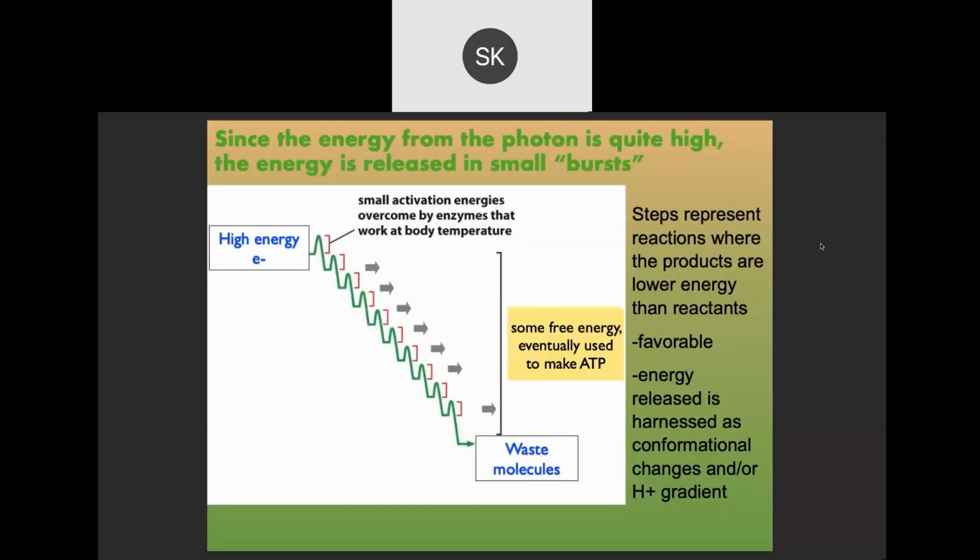So this image is an illustration, or an abstraction, of that concept, where we see many small steps down between the high energy electron at the top left and the waste molecules at the bottom right. And in between, we have the energy being contributed or donated to different reactions and different molecules, which all have their own function.